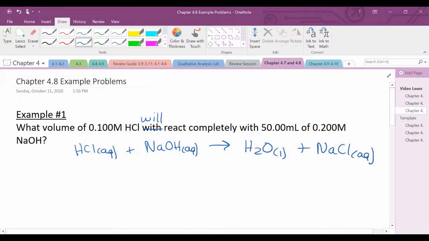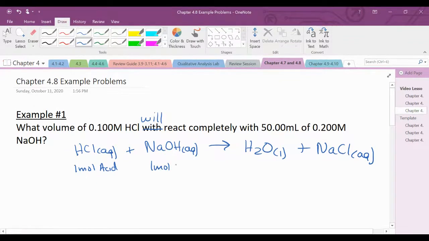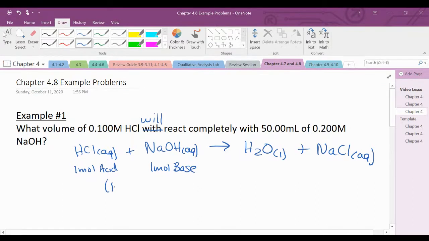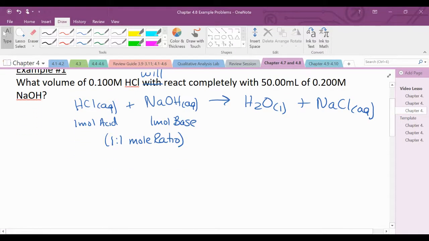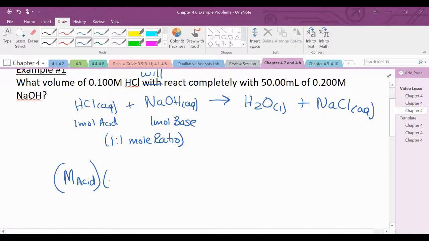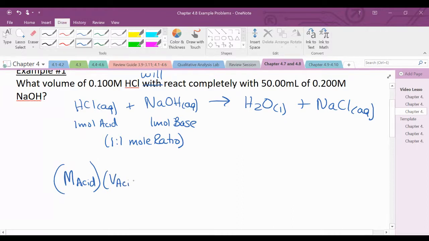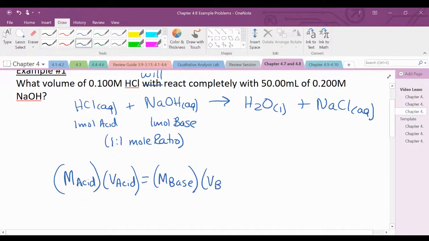Now, if you look at this equation, it's 1 mole of acid reacting with 1 mole of base. It's a 1-to-1 mole ratio. So for that reason, we can use the molarity of the acid times the volume of the acid equals the molarity of the base times the volume of the base.